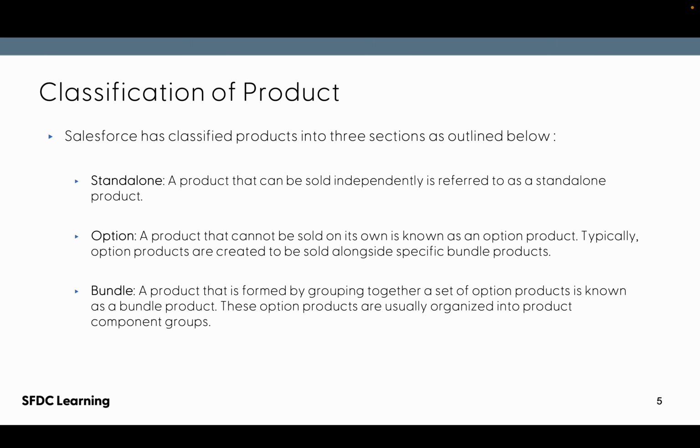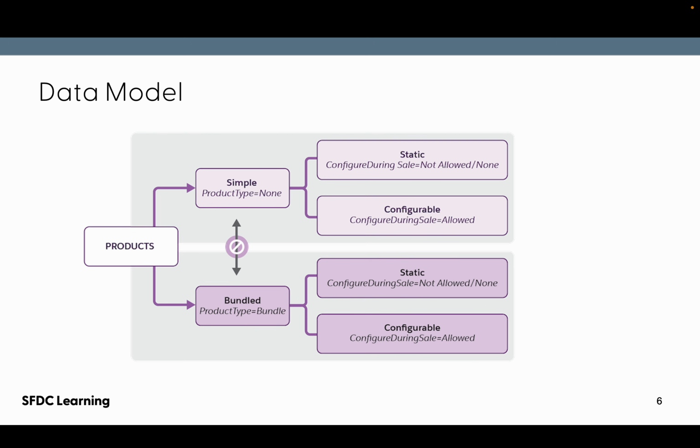Now, what's a bundle? A product that is formed by grouping together a set of options is known as a bundle product. These option products are usually organized into product component groups. And right now, we are going to see the data model. As we have seen in the previous tutorial as well, a product can be classified into two types, simple and bundled.